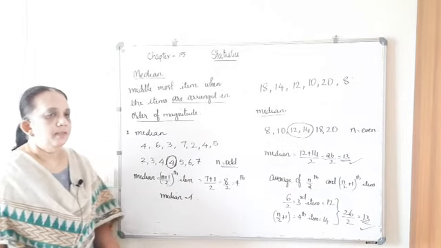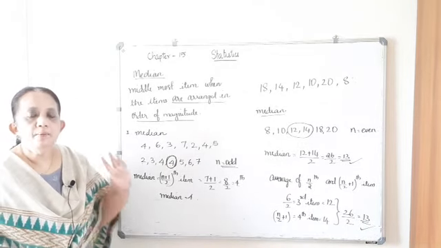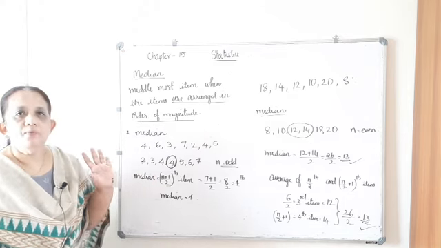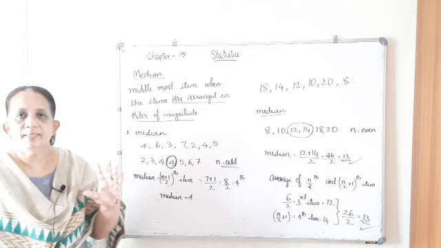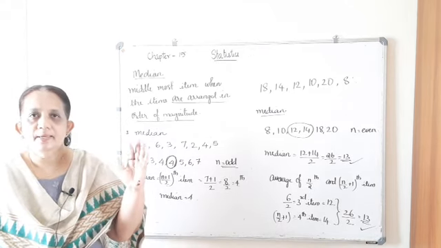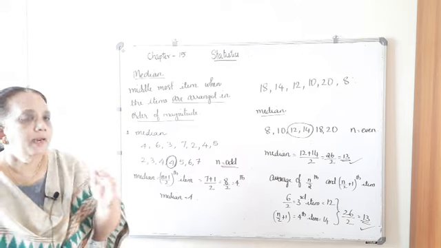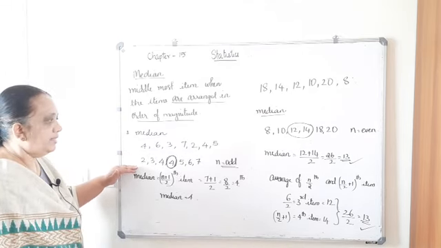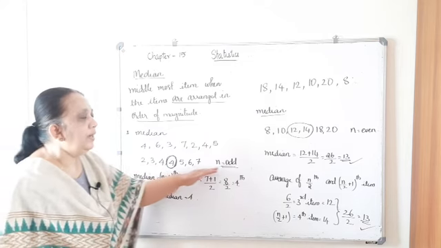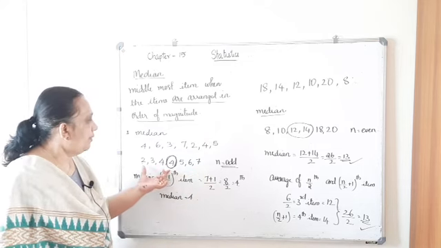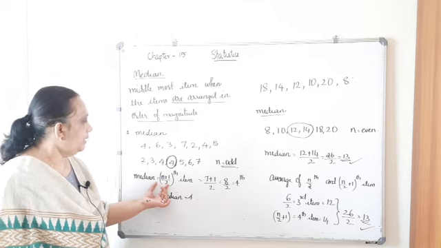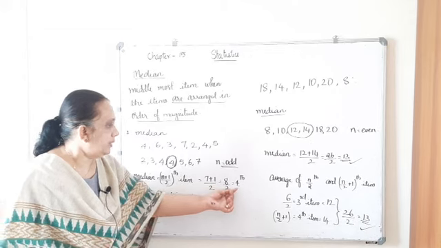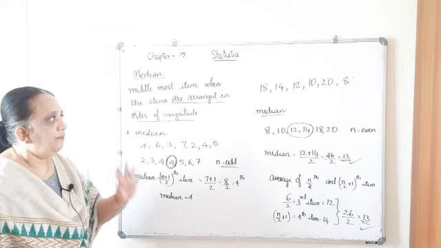So, median is the middlemost item of the data when the items are arranged in order of magnitude. Order of magnitude means the items should be arranged either in increasing order or in decreasing order. When n is odd, the median is equal to the n plus 1 by 2th item, the fourth item, that is equal to 4.